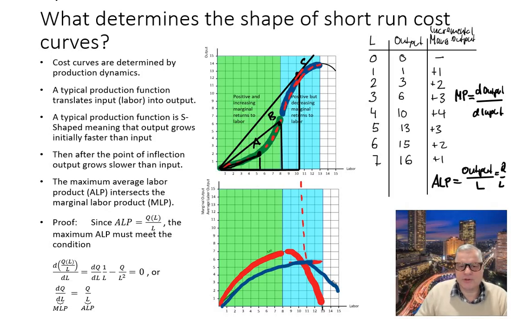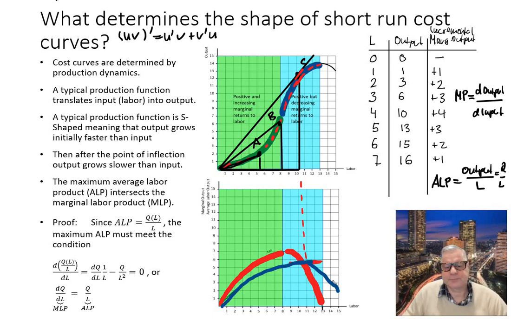There is something called the product rule, and it basically says if you have a product like U times V and you want to take the derivative of this one, then the rule says U prime V plus V prime U.